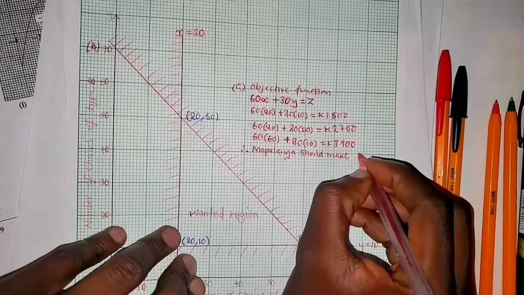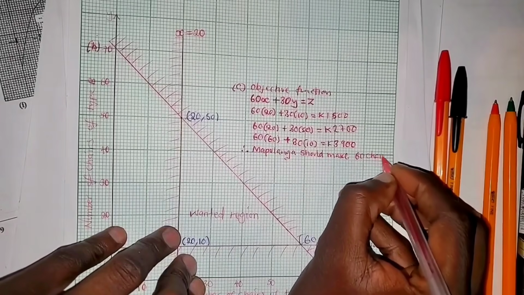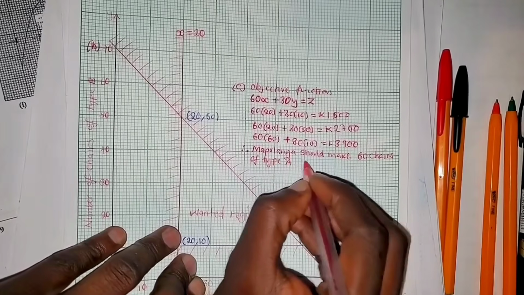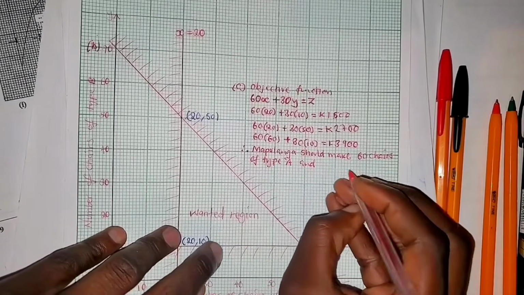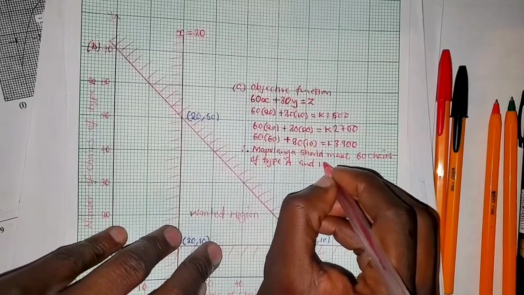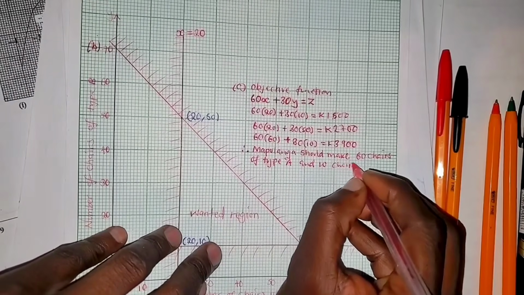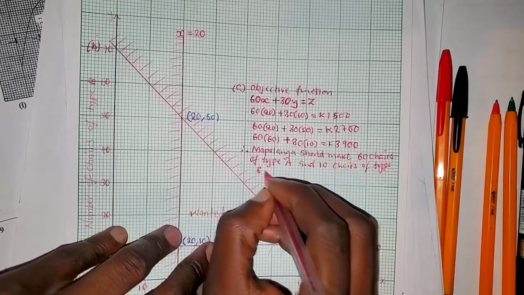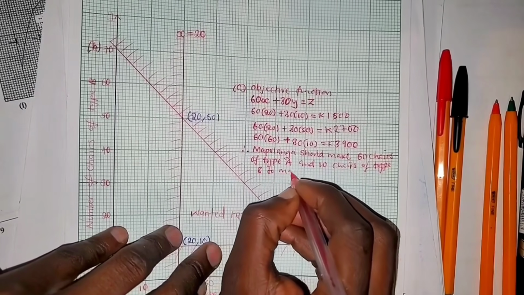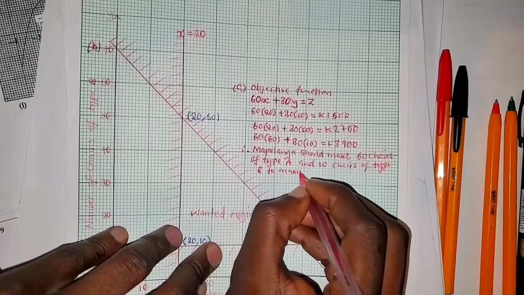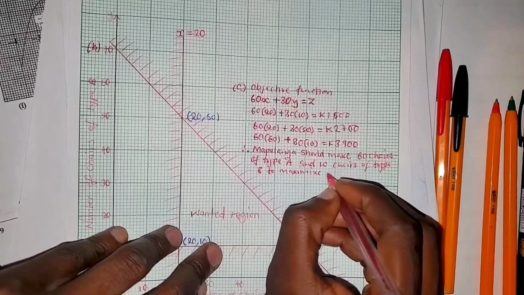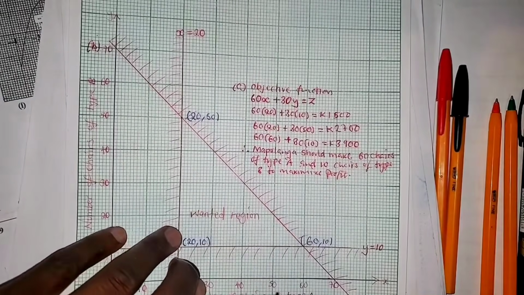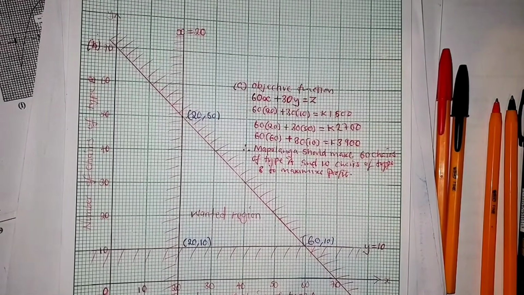So 60 chairs of type A, and we've used 10 here, 10 chairs of type B to maximize profit. Okay, to maximize profit, because this is the one that is giving us the maximum what? Maximum profit.